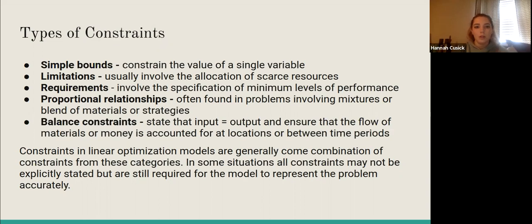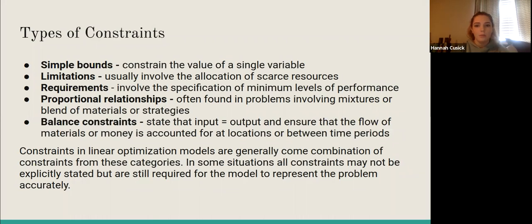The next type of constraint is a requirement, which involves a specification of minimum levels of performance. Requirements are statements such as enough cash must be available in February to meet financial obligations, or production must be sufficient to meet promised customer orders.